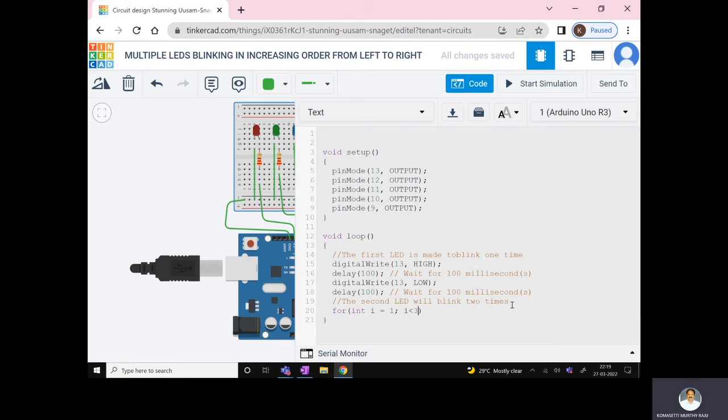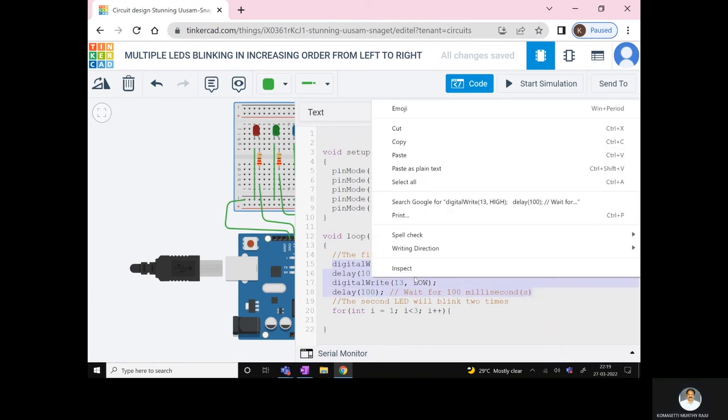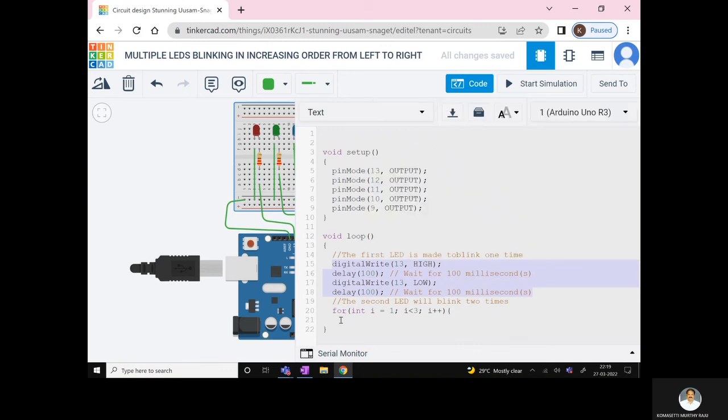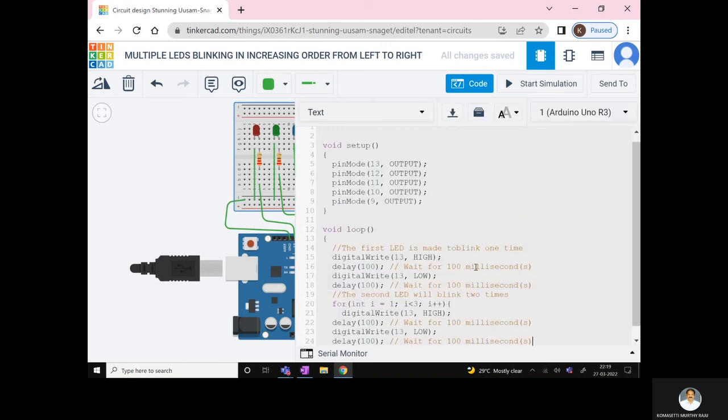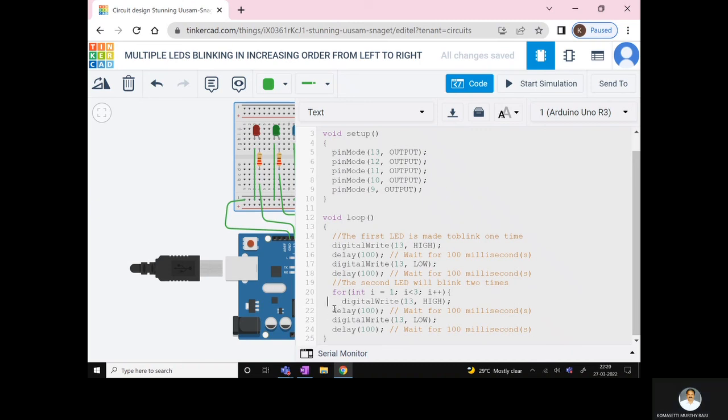That means the loop is created and rotated 2 times. i less than 3, i plus plus. Digital write. Here we use the same statements. Digital write, here we use 12.